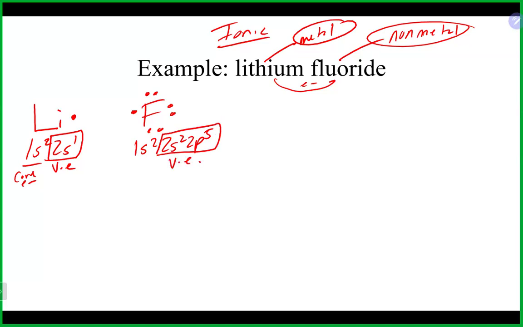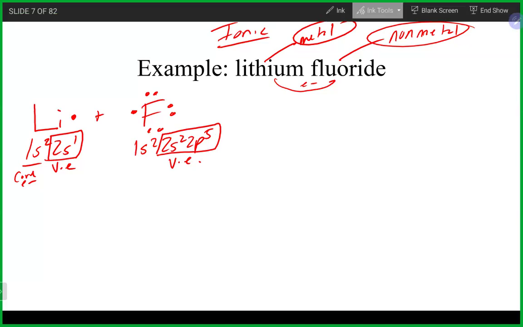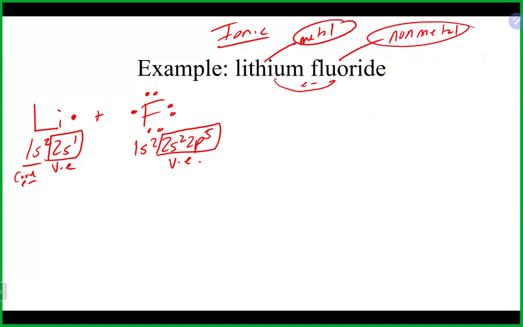Once again, when we put these 2 together, because we have sort of extremes, a metal and a non-metal, that metal is going to give up its electron over to the fluorine. The fluorine is going to say thanks, because in a p subshell we could hold 6 and it only has 5 right now, so it's got a place to put that electron.